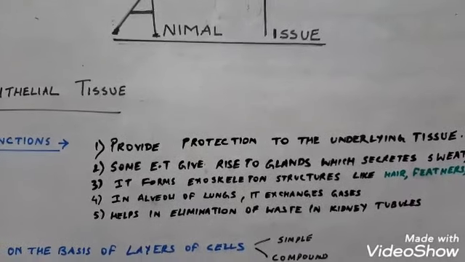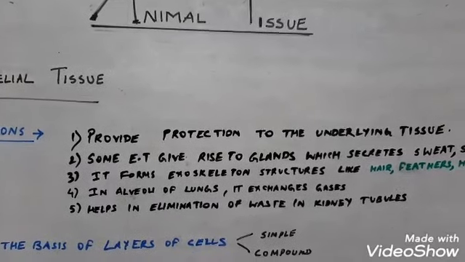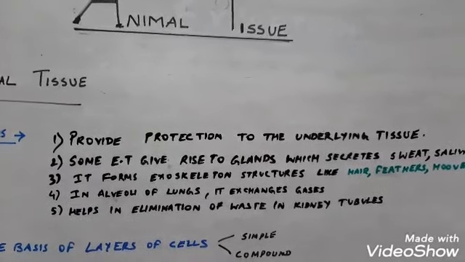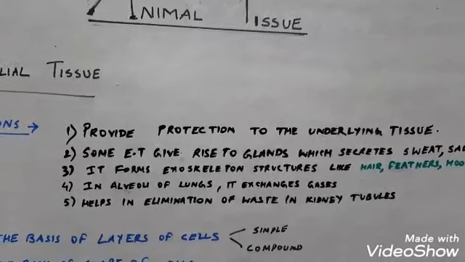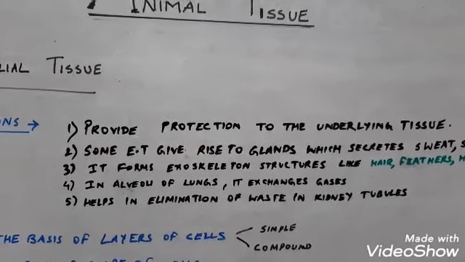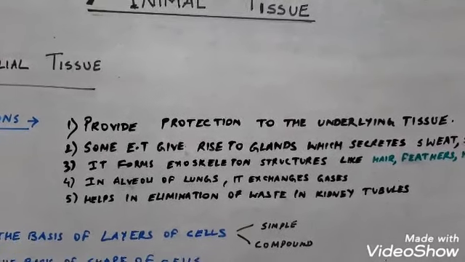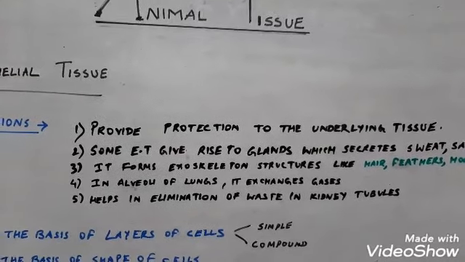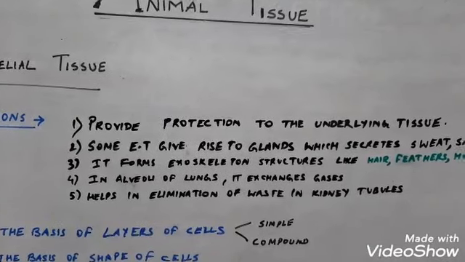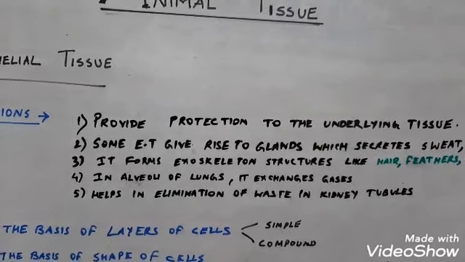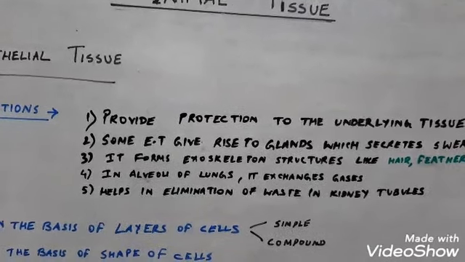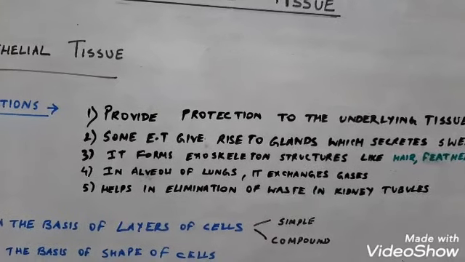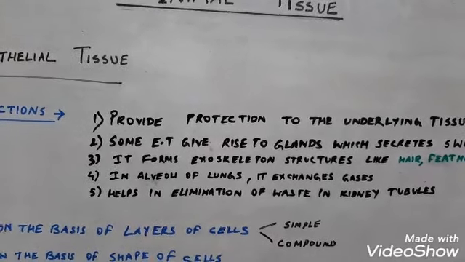Some of the epithelial tissue even gives rise to glands that may secrete saliva, enzyme or sweat. Epithelial tissue also forms exoskeleton structures in animals like hair, feather, hooves and claws. And in alveoli of lungs, epithelium helps in exchange of gases like carbon dioxide and oxygen. Epithelial tissues in the kidney tubules help in the elimination of waste products.